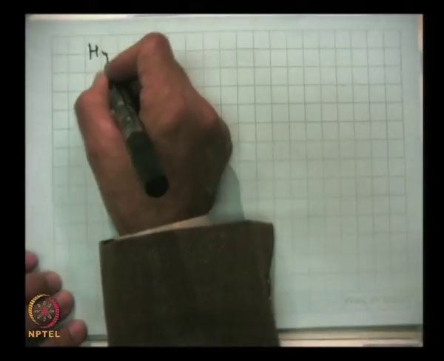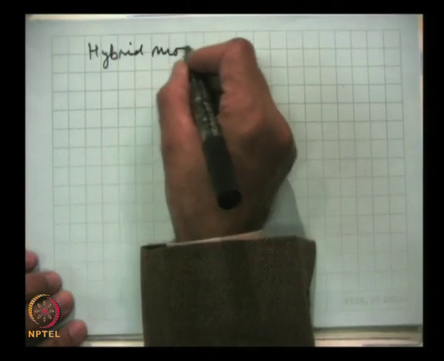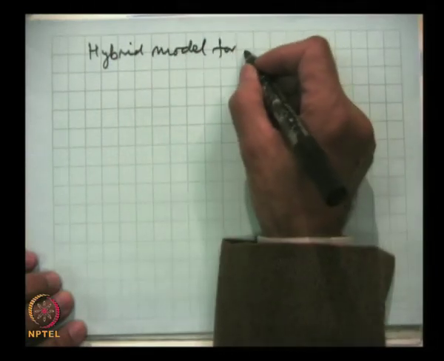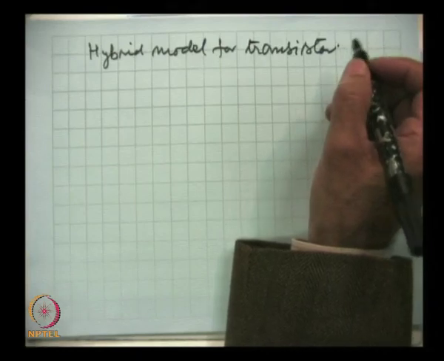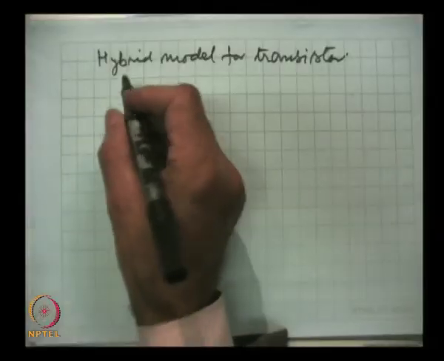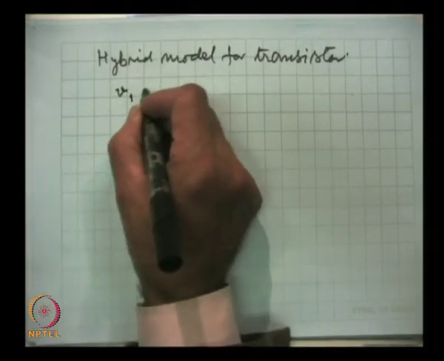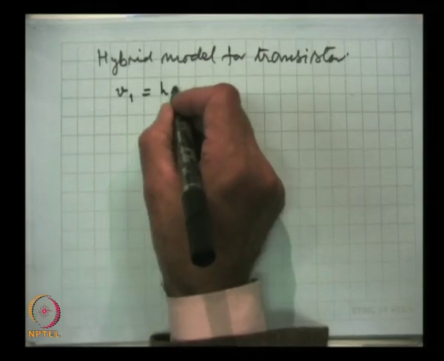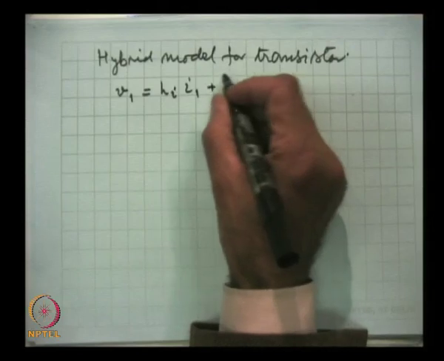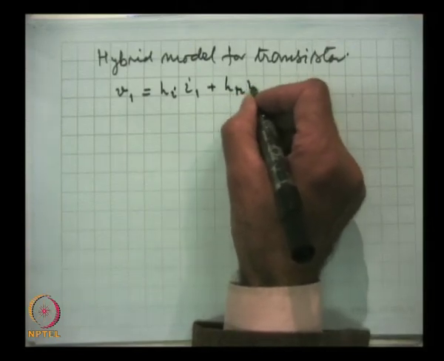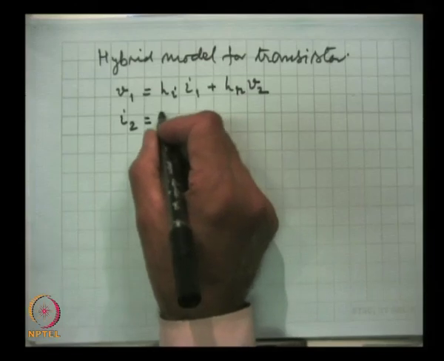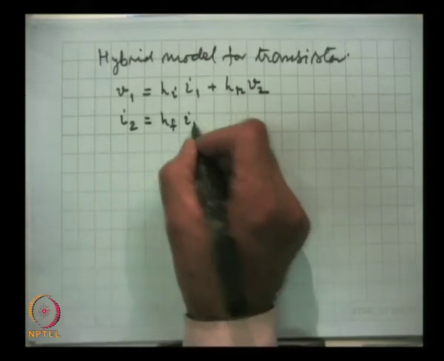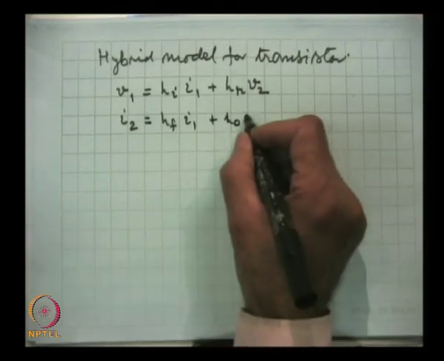Now, the hybrid H model for transistor. For example, the two equations are V 1 equals H I I 1 plus H r V 2, and similarly I 2 is equal to H f I 1 plus H o V 2.